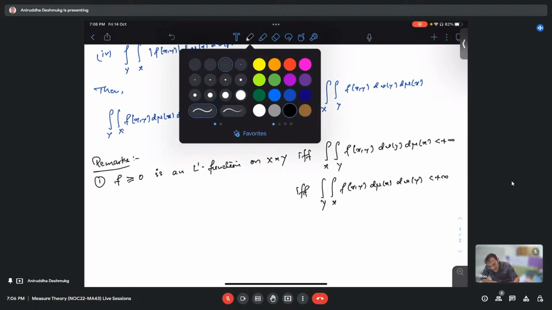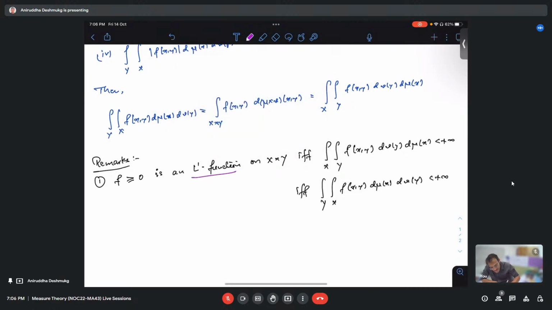And of course, being an L1 function means that the integral over X cross Y of f(x, y) with respect to the product measure is finite. So Fubini's theorem tells us that if we have a non-negative measurable function, then to check whether it is integrable on the product space, it is enough to check one of the two iterated integrals. If any of them is finite, then all three are finite and they are equal.